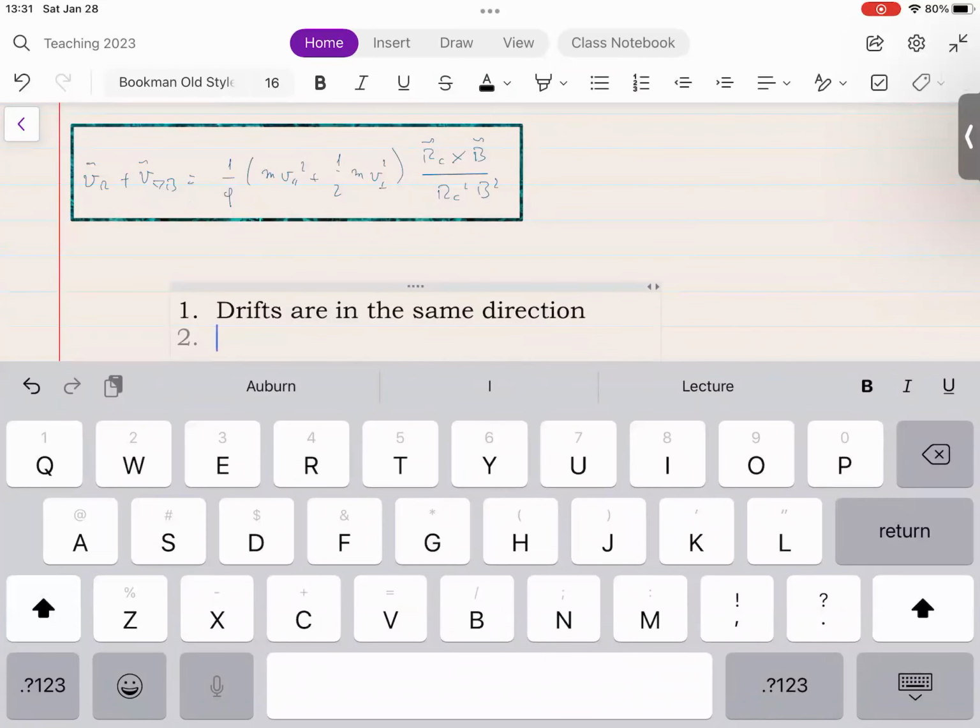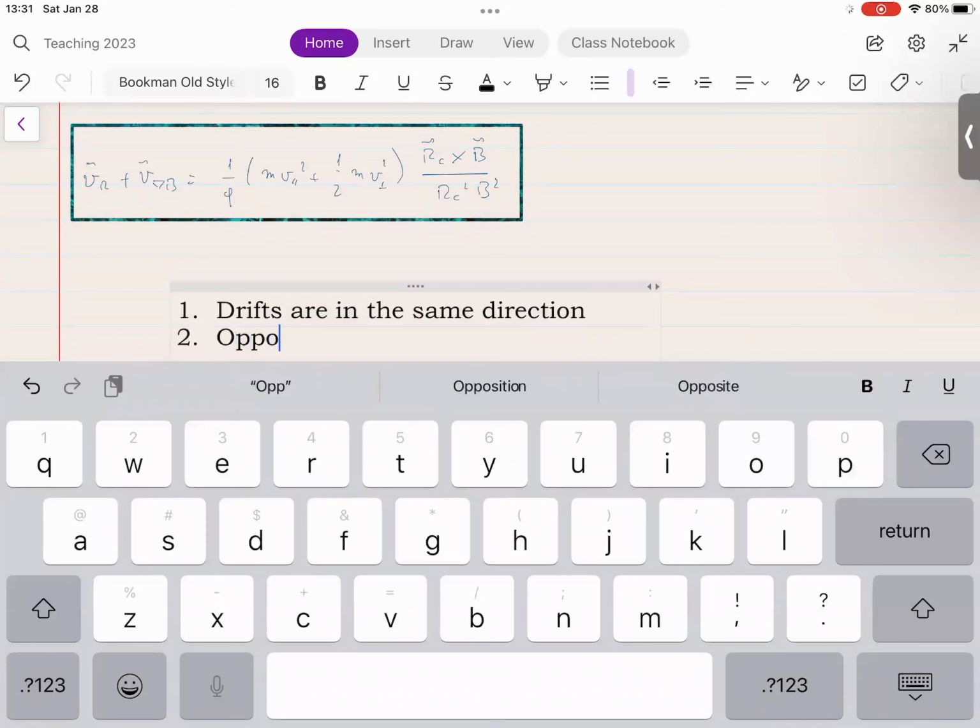The second one is that they are in opposite directions for ions and electrons, let's say, for opposite charges.